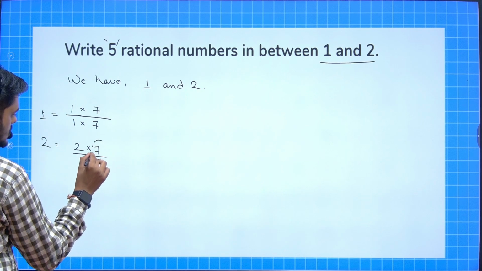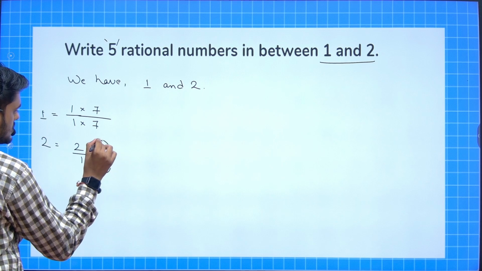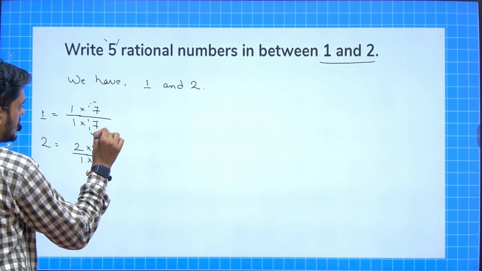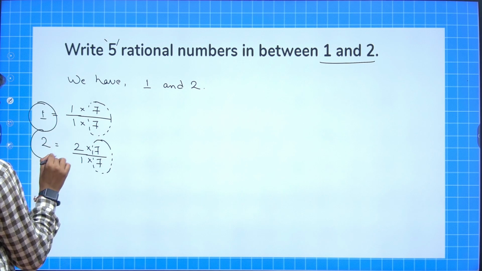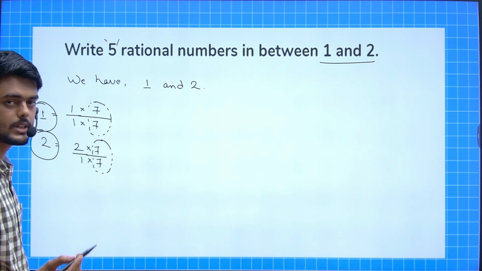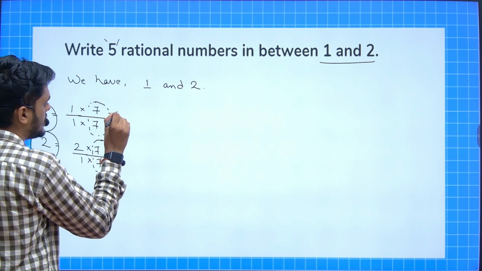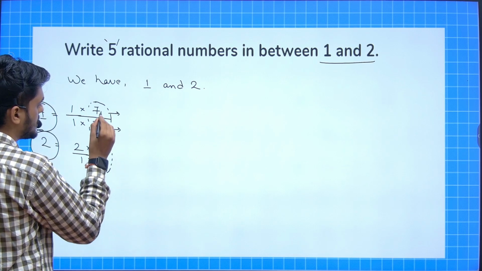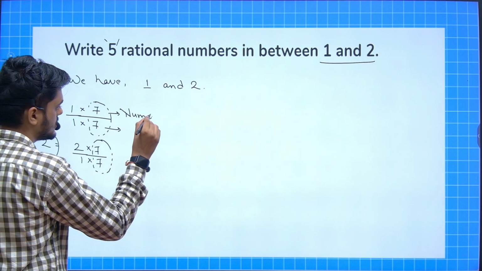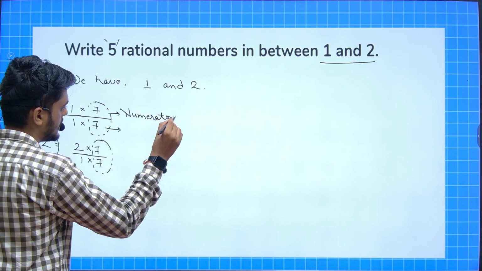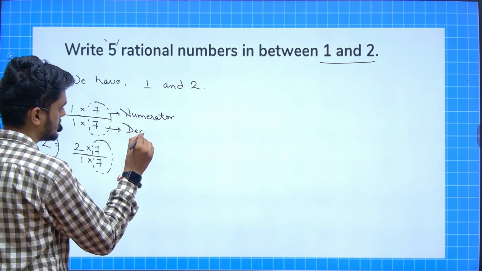The common quantity does not have any effect on the original quantities. It would be cancelled out, so we can easily multiply and divide by a single number in numerator as well as denominator.